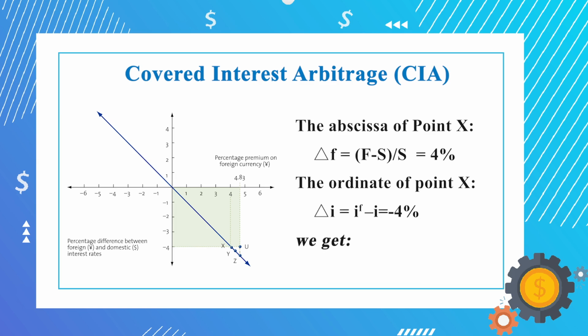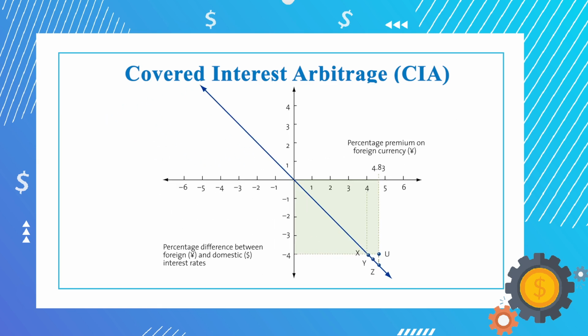Hence, we get I minus IF equals 4% equals F minus S over S, which is the covered interest rate parity. The meaning can be expressed as such. Point X is on the line, which shows a possible equilibrium position, where a 4% lower rate of interest on yen securities would be offset by a 4% premium on the forward yen.